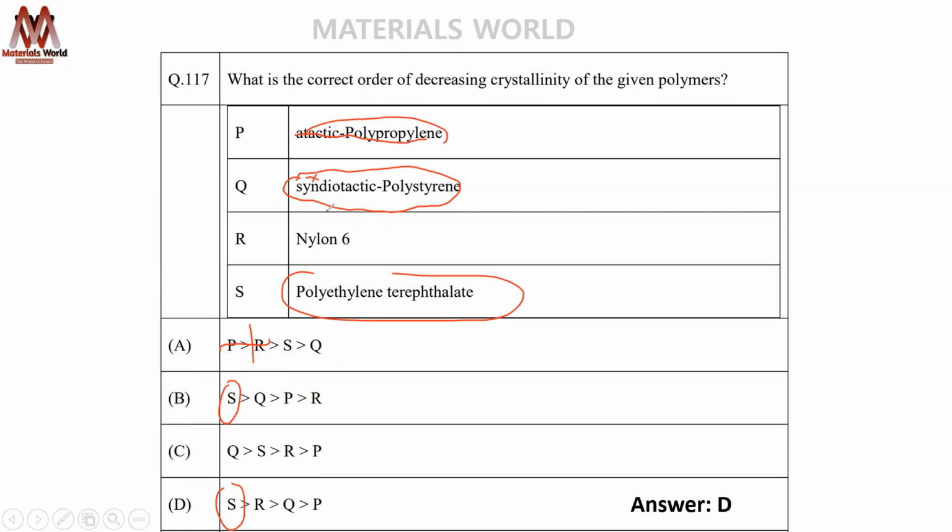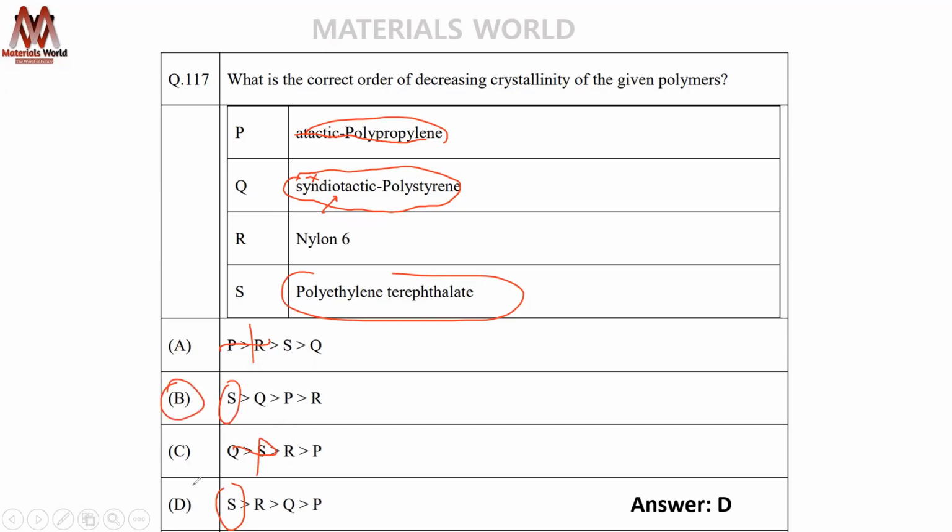The reason is it is syndiotactic, and polystyrene has bulk. Even though it has some chain regularity because of syndiotacticity, it will be somewhat crystalline, but your bulky phenyl side group will always create a problem. So it will never have the highest crystallinity. So definitely this Q is not going to be highest, so this option is not the answer.